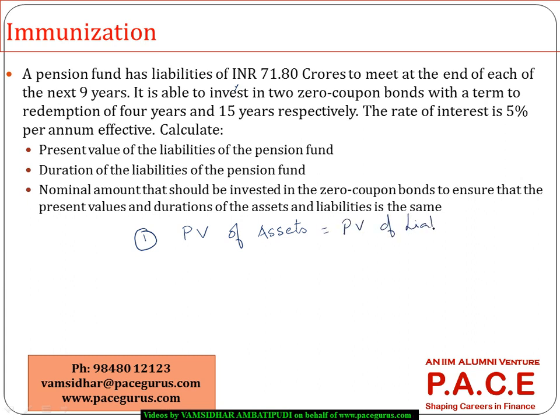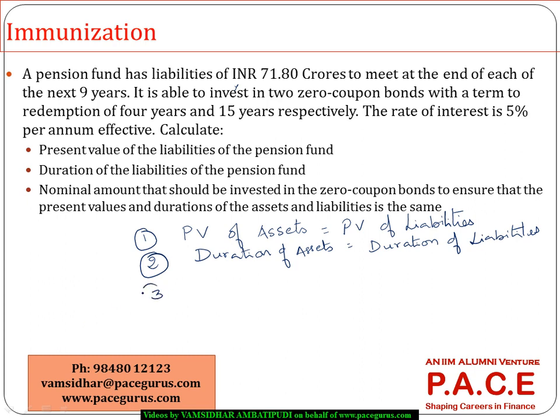Just a quick recap of the immunization rules. Then we also know that the duration of the assets should be equal to the duration of the liabilities. Only then do we say that our fund is fully immunized against small changes in the interest rate.